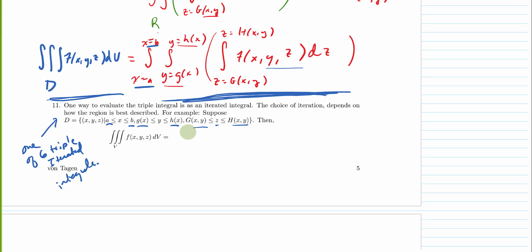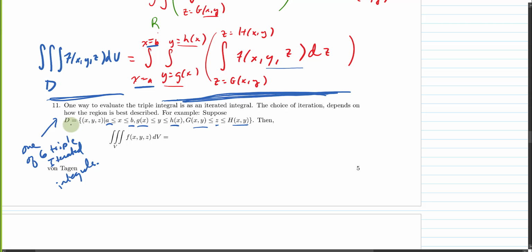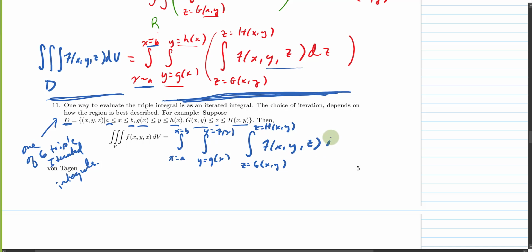So if you're able to describe your region this way, then this would be an appropriate iterated integral. This one right here: the integral from x equals a to x equals b, the integral from y equals g of x to y equals f of x, of the integral from z equals g of x, y to z equals h of x, y, of your f of x, y, z, d what?